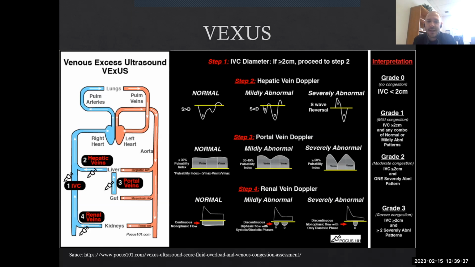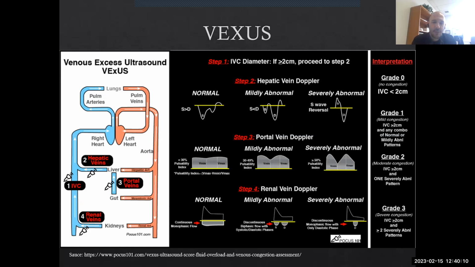So it has a deep negative systolic wave, which is flow back to the IVC, followed by a small negative wave in diastole, and then a small positive wave at the end of tricuspid valve closure. And as the degree of congestion increases, the diastolic flow actually reverses, and ultimately you get a full S wave reversal where you get positive flow during systole and then negative flow in diastole.